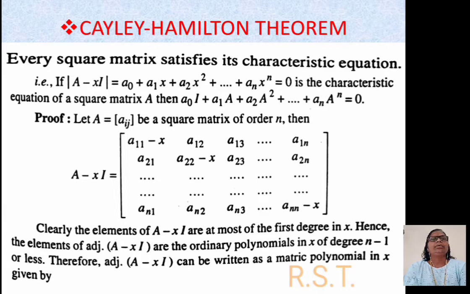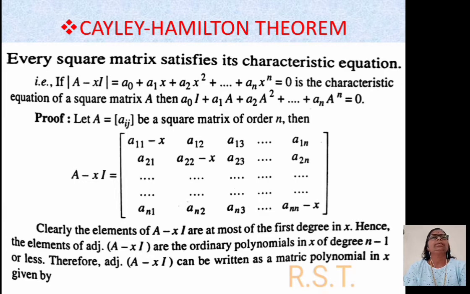That is, if determinant of A minus xI equals a0 plus a1x plus a2x squared plus up to the last term an x raised to n equals 0 is the characteristic equation of a square matrix A, then a0 into I plus a1 into A plus a2 A squared plus up to the last term an A raised to n equals 0.